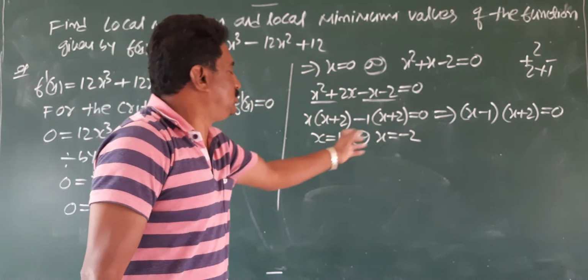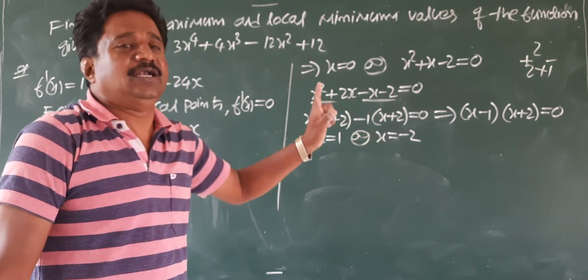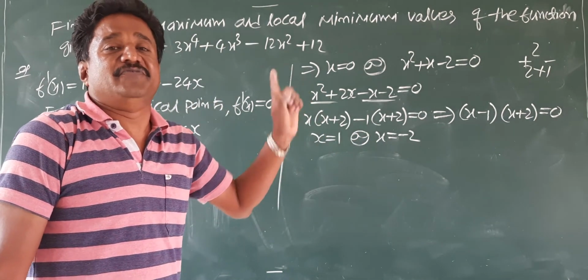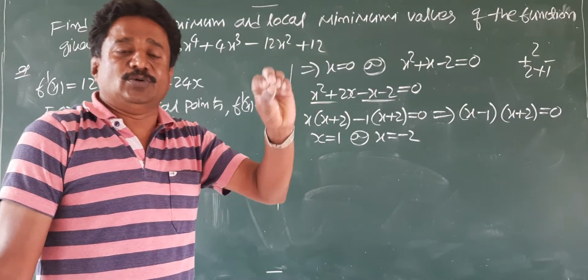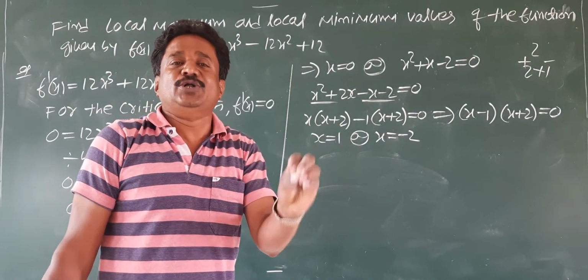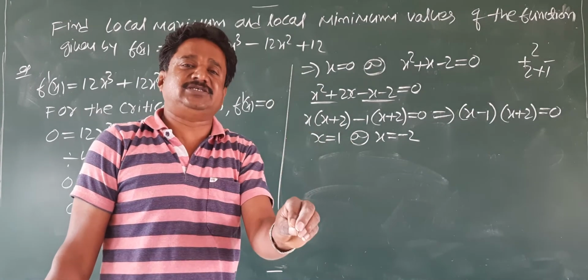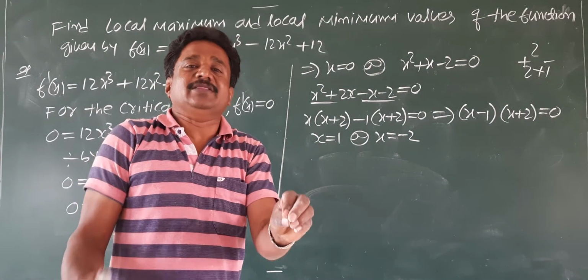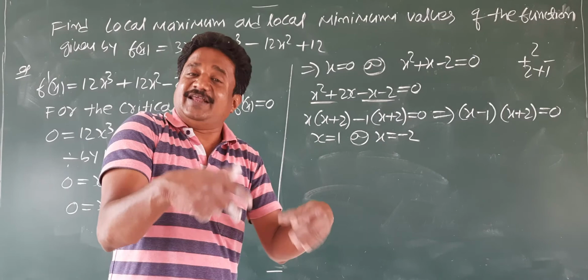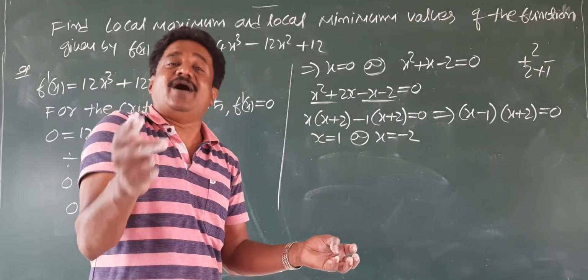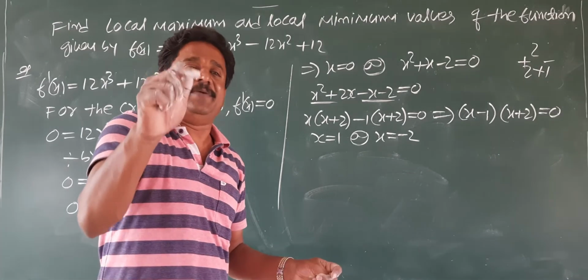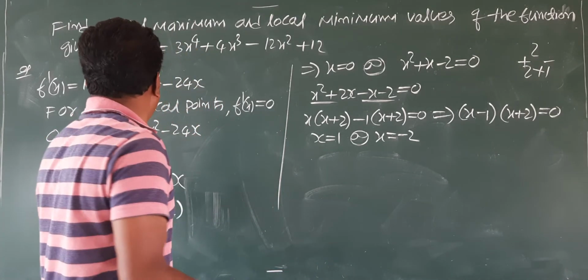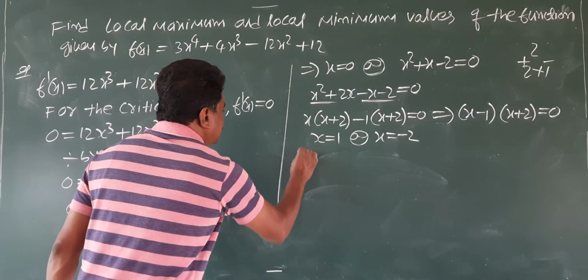Among these 3 points, which point is the point of maxima and which one is the point of minima? To confirm the obtained points, whether they are maximum points or minimum points, we should use f double dash x. Let us use that. f double dash x.